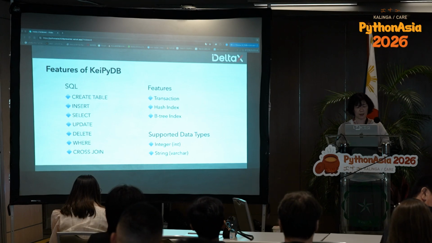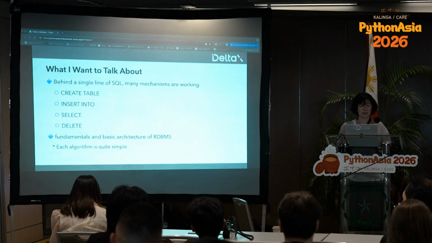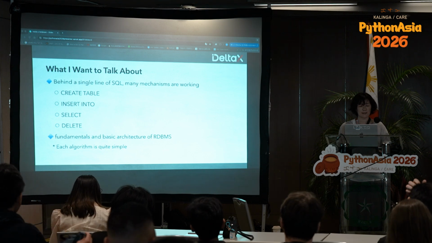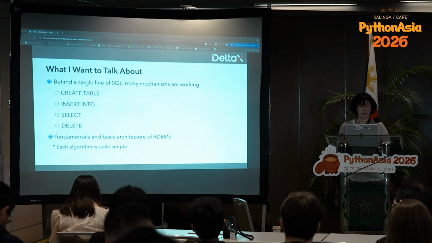Using this, I'll talk about how, behind a single line of SQL, many mechanisms are working together. I'll show you what's happening inside when you run create table, insert, select, and delete.